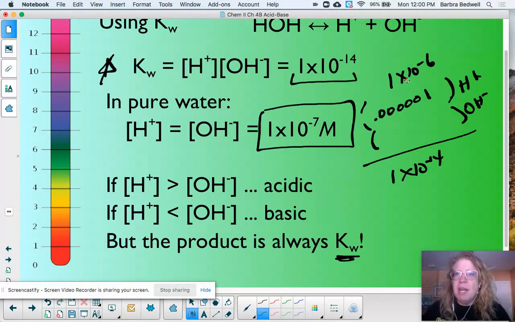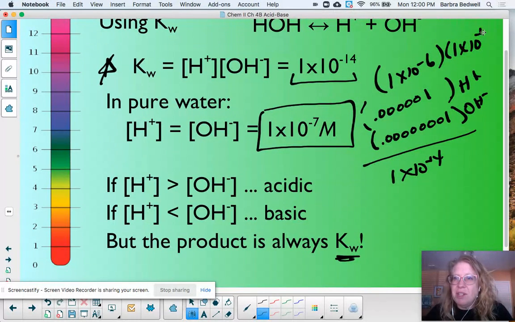That means I now know the concentration of the other. If one goes up by 10 times, the other one has to go down by 10 times. It's a really weird thing: if that's the hydrogen ion concentration, then the hydroxide ion concentration is 10 to the minus 8. Notice what the exponents add up to.